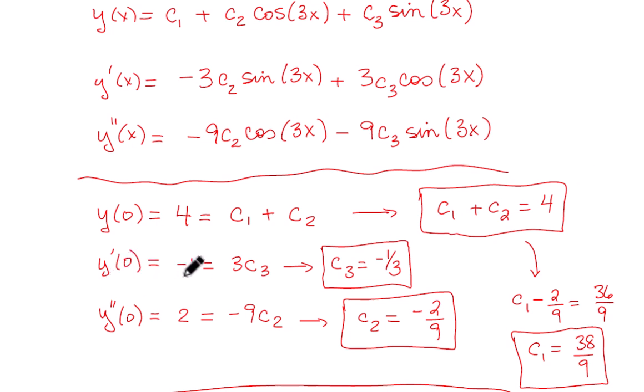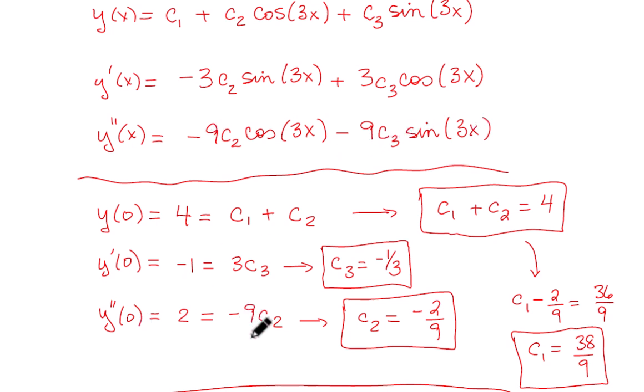y prime at 0 is minus 1. All right, well, the sine would be gone, and I just get 3c3. So c3 is minus a third. And if I look at y double prime at 0, well, again, the sine term is gone.